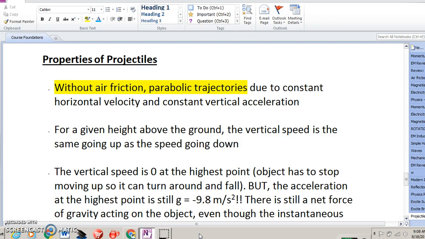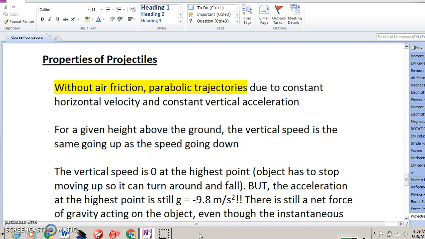You've got forward motion, the horizontal motion, which is a constant velocity, and then you have gravity acting vertically, always pulling down on it with a constant vertical acceleration. And it's that combination of constant speed sideways, constant acceleration downward that gives you the curve. And I have a separate video that gets into that a little bit more.